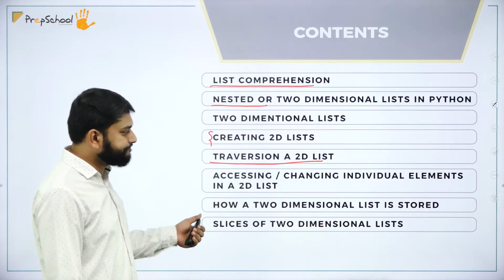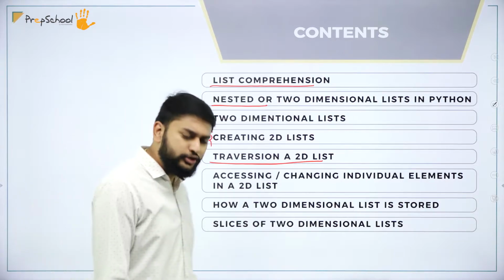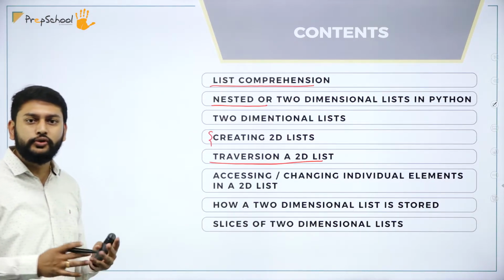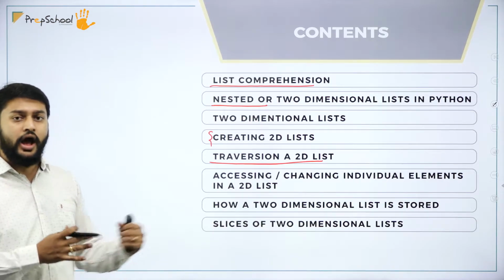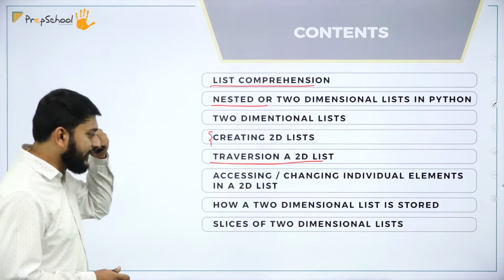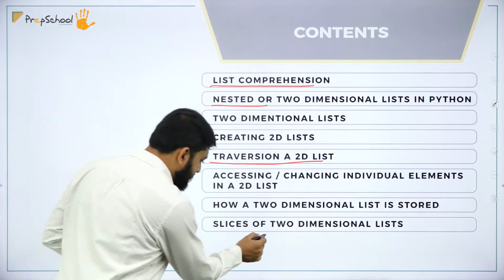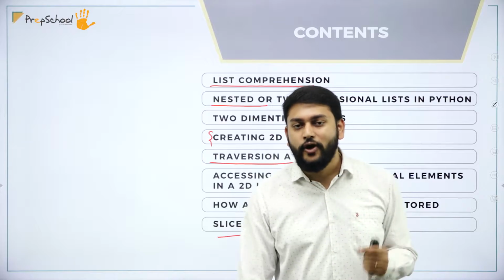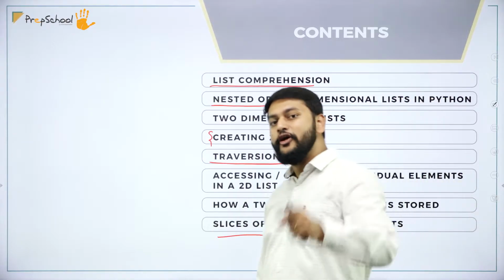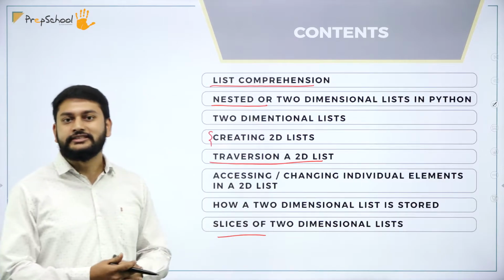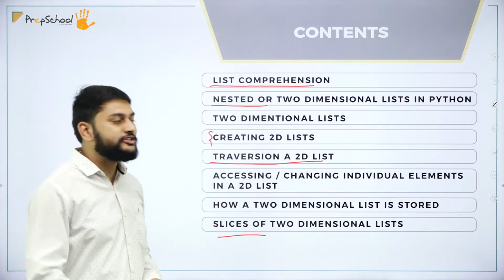You can also access the elements and change the elements in the two-dimensional list. I'll discuss how we do that with the help of indexing, how exactly the indexing works, and also how exactly it is stored. The last one is slicing of a two-dimensional list. So this is what I will be discussing in this session. So keep waiting until you get all these topics. Let me start with the first one.